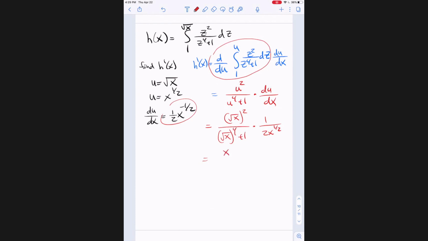This is going to give us x over x squared plus 1 times, you could have left it with a negative exponent, it's fine, 1 over 2 times the square root of x, either or. How many of you got that? Or something close to it, equivalent to it? All right.